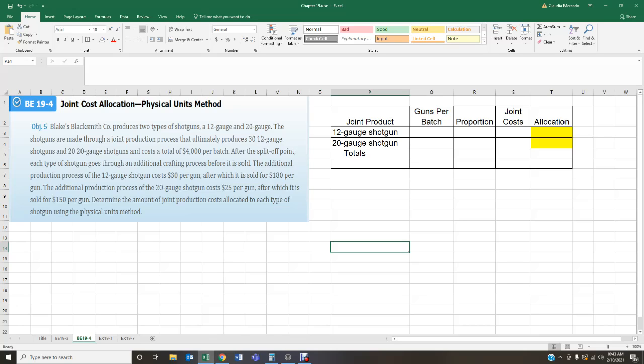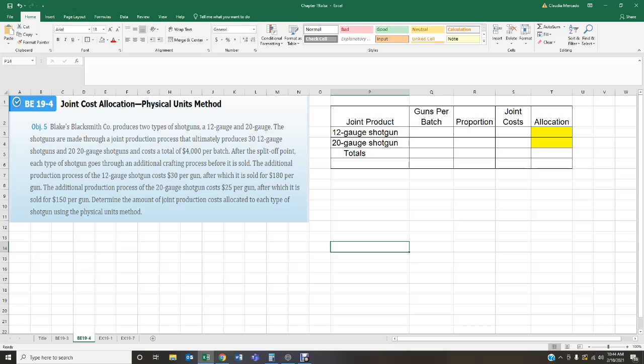All we are interested in here is figuring out how much of the batch, which is the $4,000 cost, is going to be allocated to the 12 gauge and the 20 gauge shotguns. All of the other information is not really relevant at this point because they're only asking us to determine the amount of the joint production cost, which is what happens at the beginning of the process.